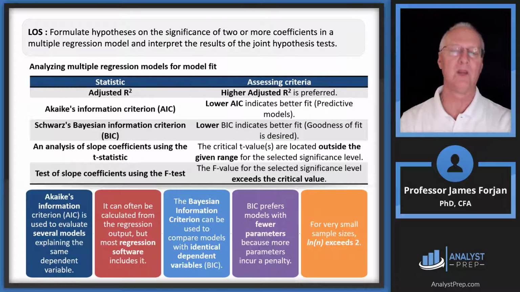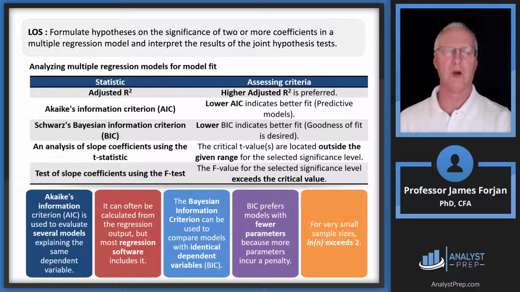Now, what the reading does in this next section is ask ourselves the question, okay, let's decide whether or not two models are equally good fits, or if one model is superior to the other. So we can do an adjusted R-squared, and then the reading goes through about 2 pages on Akaike's information criterion and Schwarz's Bayesian information criterion.